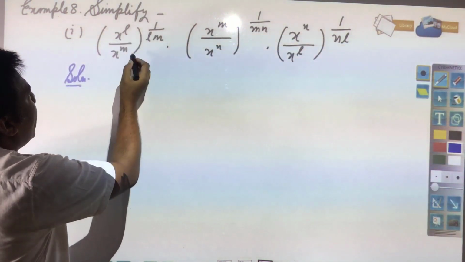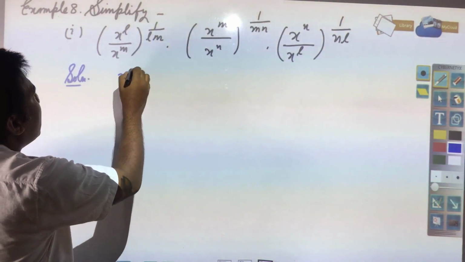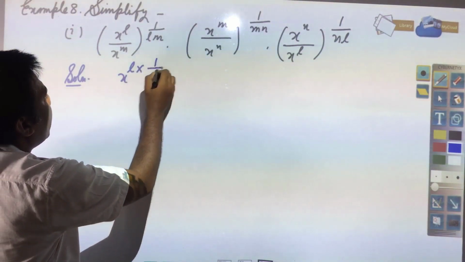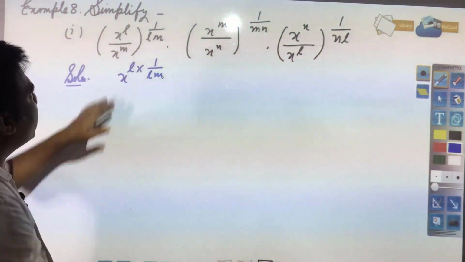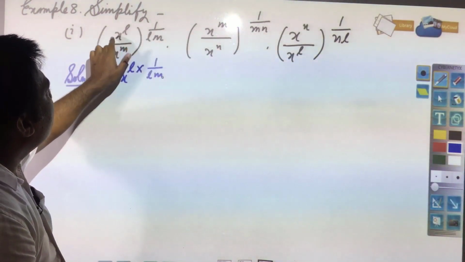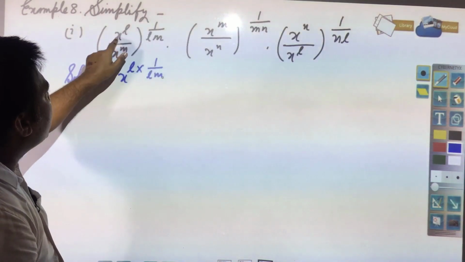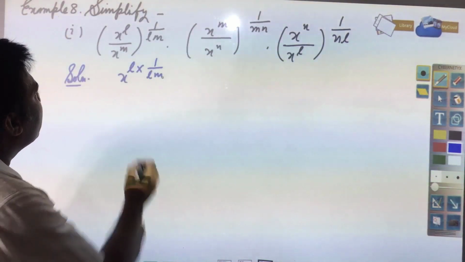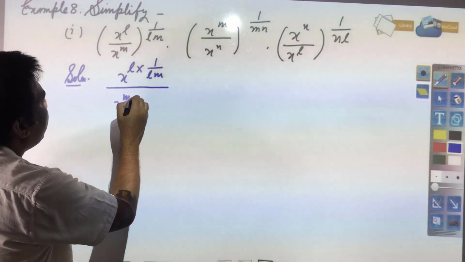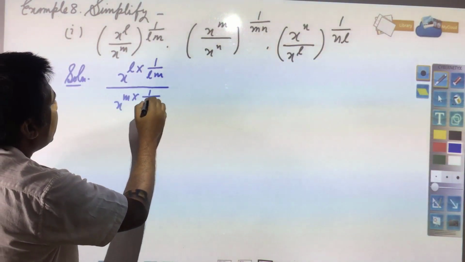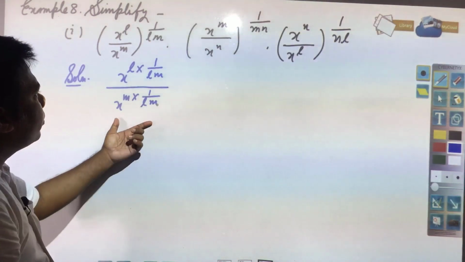x to the power L into 1 by Lm we can write. This power and power will be multiplied, because we know x to the power m whole to the power n is equal to x to the power m into n, divided by x to the power m into 1 by Lm.